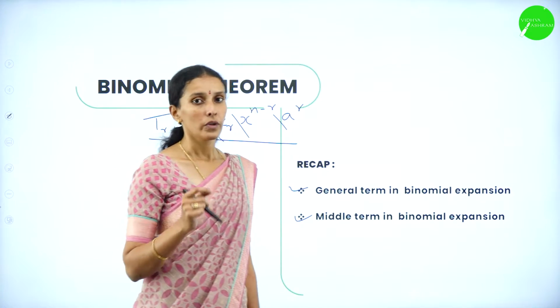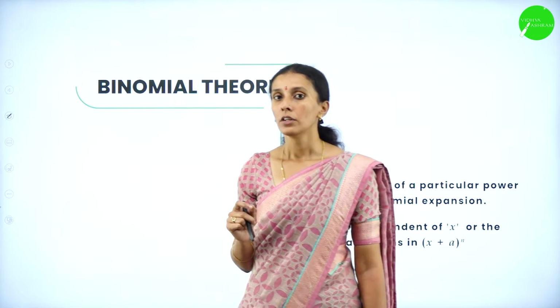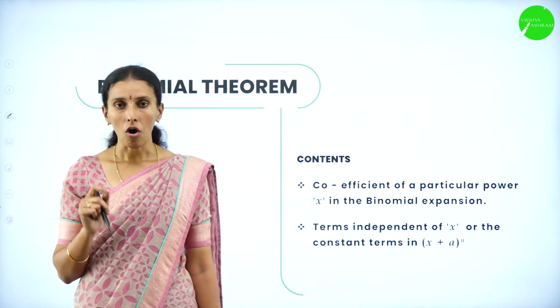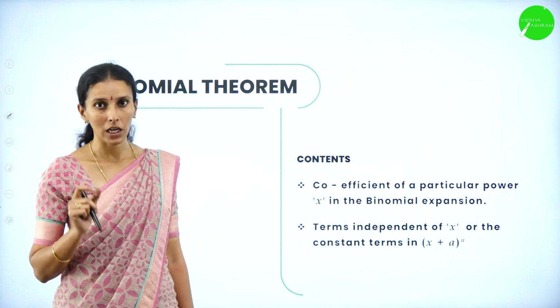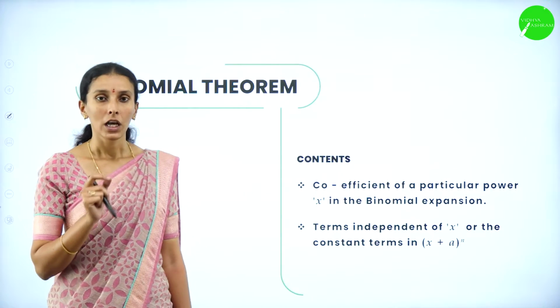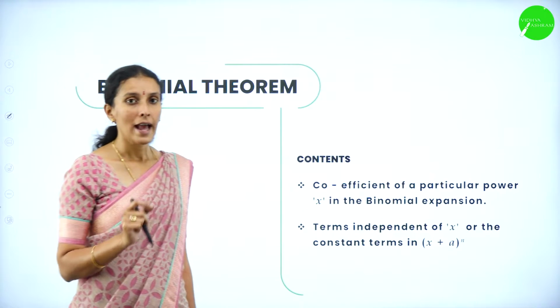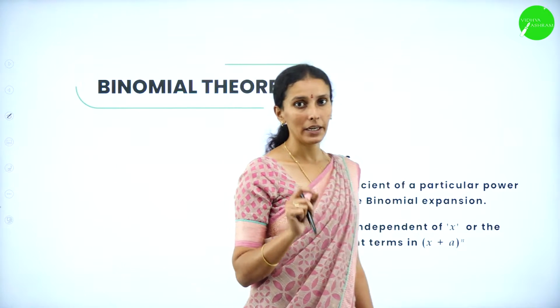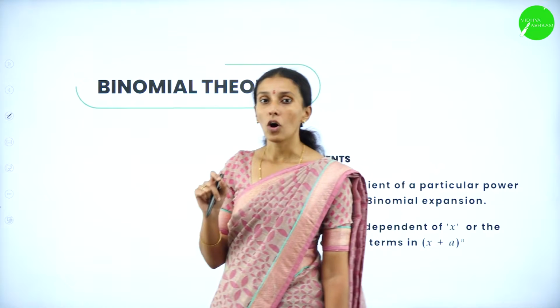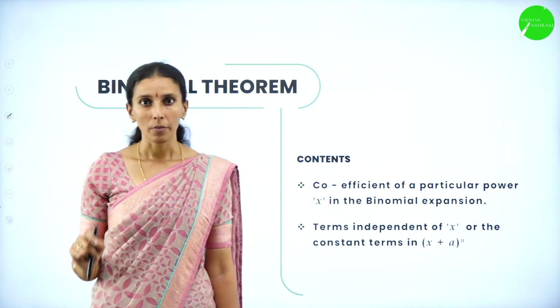So today we will study the coefficient of a particular variable in the binomial expansion, as well as the term independent of x, that means a constant term in the binomial expansion.